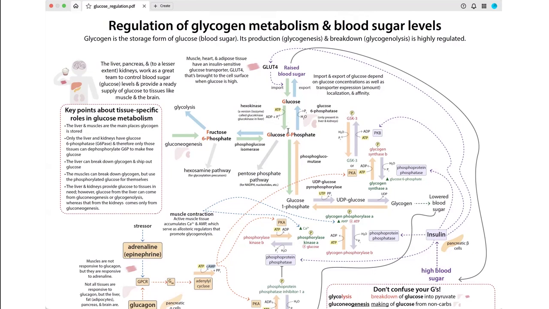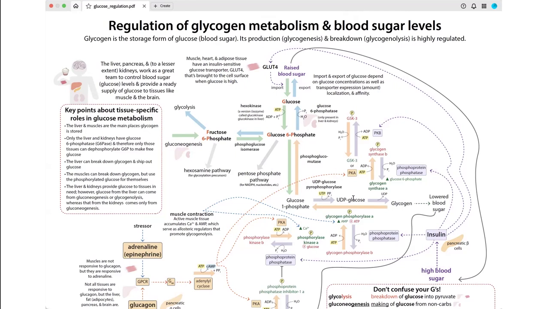Hexokinase traps it, you get glucose 6-phosphate. You can do a bunch of things with it, but the one we're going to be focusing on now is taking it through using phosphoglucomutase in order to make glucose 1-phosphate. That glucose 1-phosphate is now ready to be taken the next step in order to make glycogen. Rather than linking it up as glucose 1-phosphate, we're going to link it up from our UDP glucose. We take UTP and we basically react it with our glucose 1-phosphate, get UDP glucose.